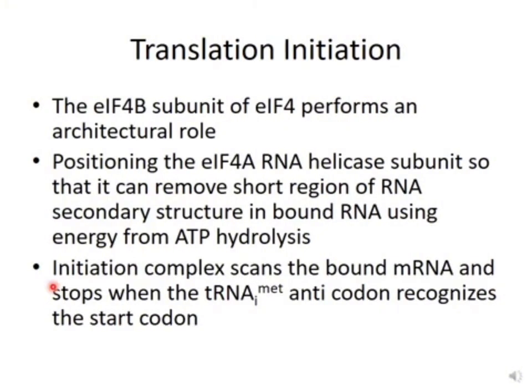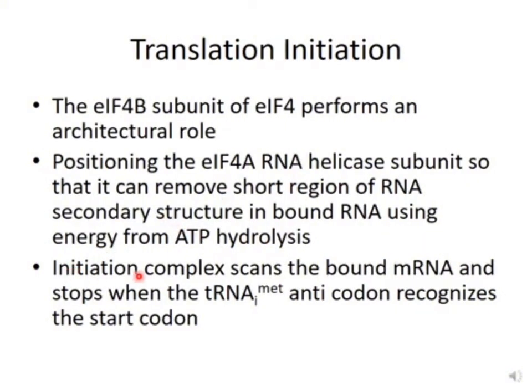The positioning of the EIF4A RNA, which is a helicase, so it's an enzyme that untangles any helical structure in the mRNA, so that this helicase removes the short regions of the RNA that has secondary structures using energy from the ATP hydrolyzed in the figure before.